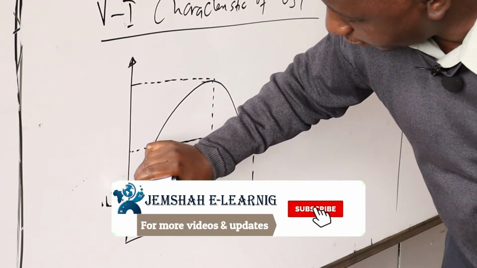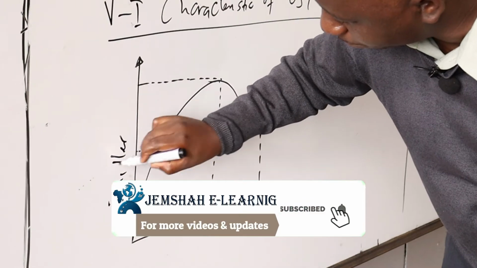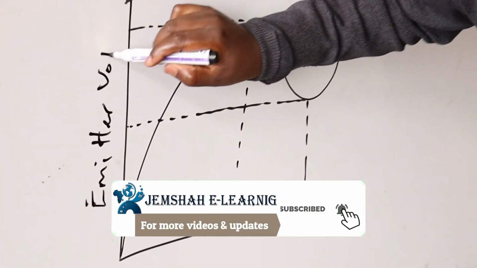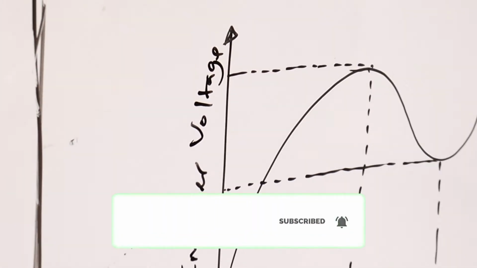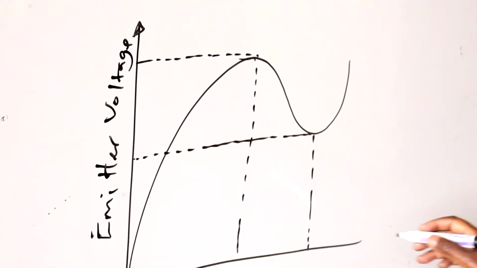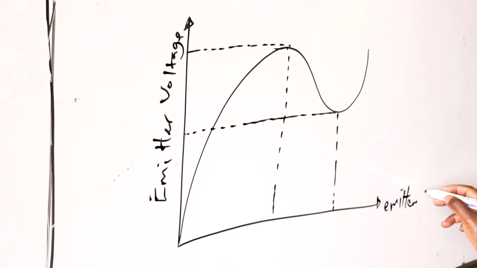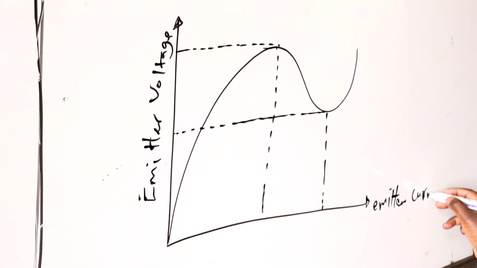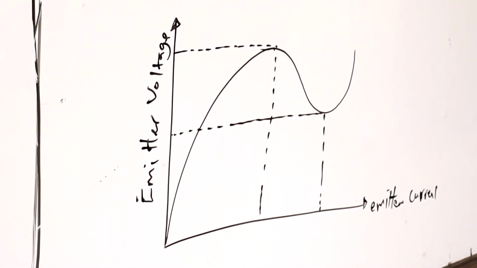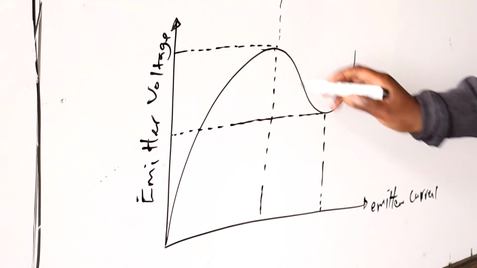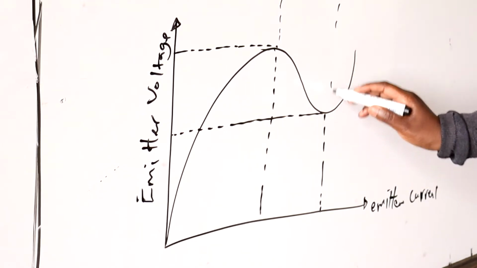So we're talking about the emitter voltage, and we're talking about the emitter current here. This will have several sections, so let me extend my drawing.